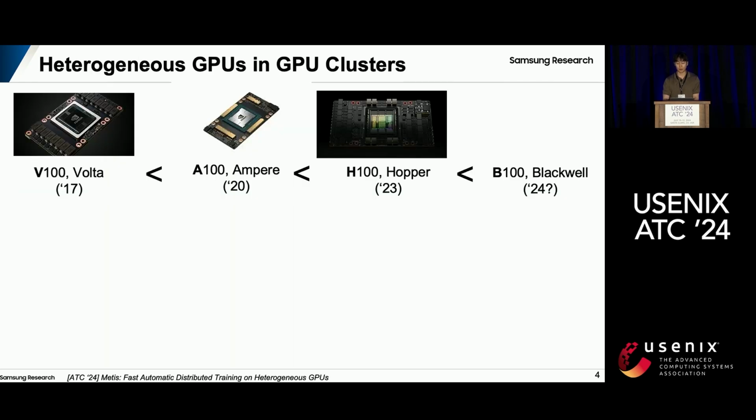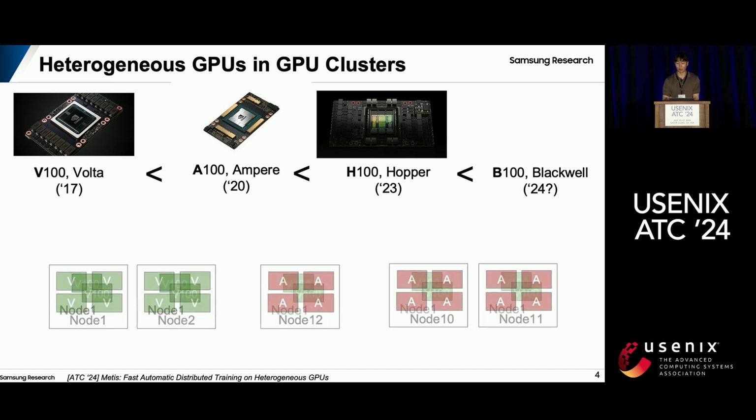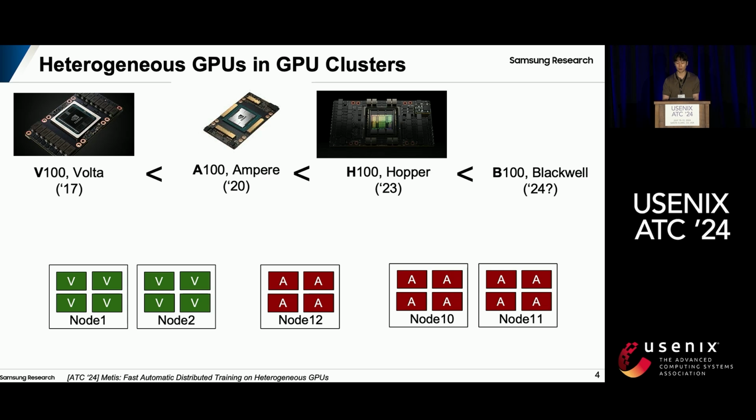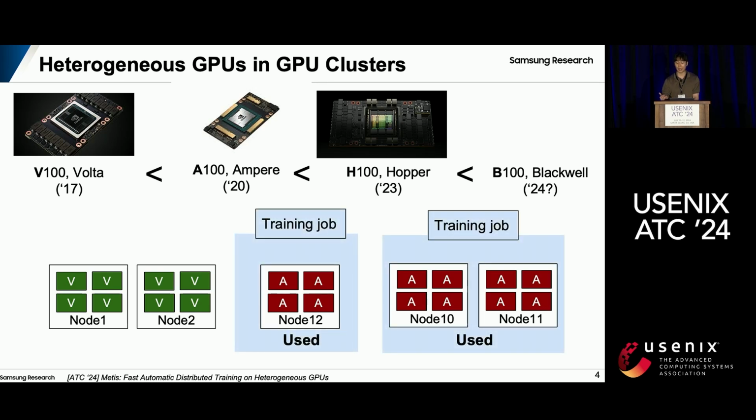Meanwhile, new types of GPUs are released every few years, so a GPU cluster contains different types of GPUs, which we call heterogeneous GPUs. In a heterogeneous GPU cluster, usually the number of available high-end GPUs is small because of their high price and high demand, whereas the number of available low-end GPUs is large, and most of them are idle because of their low price and low demand.